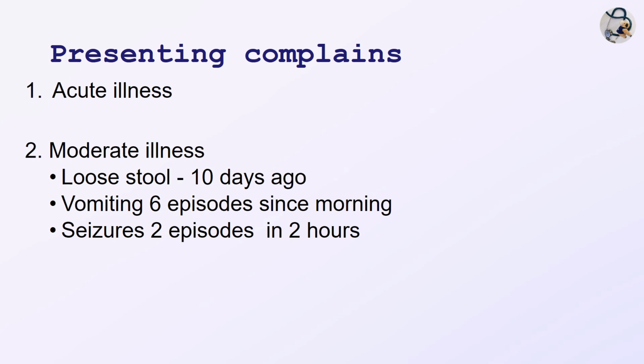Example, loose stool 10 days ago, vomiting 6 episodes since morning, and seizure 2 episodes in 2 hours. So the patients don't come when the child is having loose stool for 10 days. But when the child starts having seizure, 2 episodes in 2 hours, then they come to the hospital. So this can be one pattern of the chief complaints.